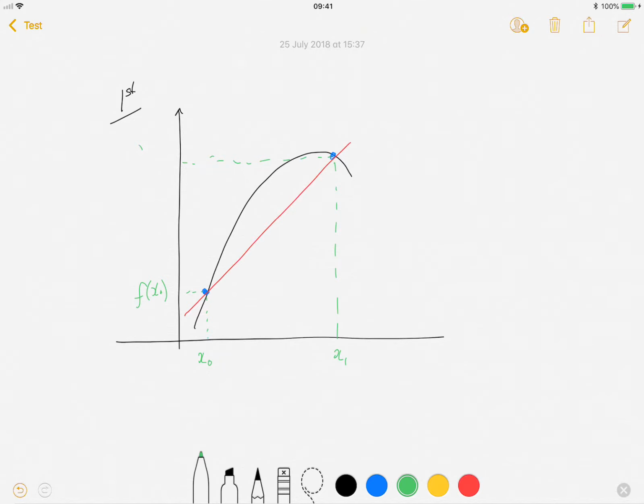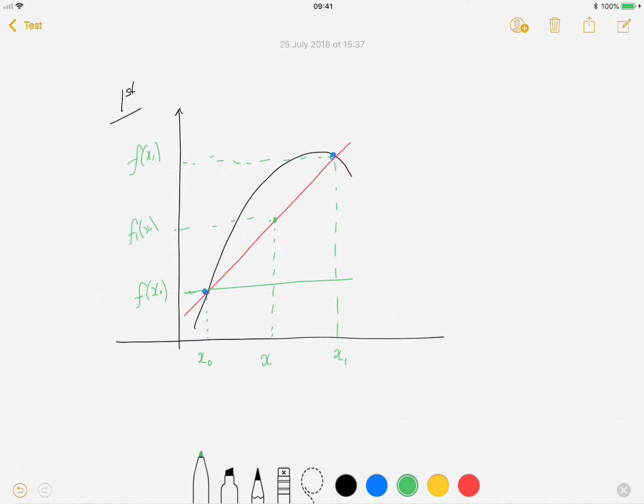And f(x1), and I'm going to call an intermediate point here, let's label it x, f1(x). So if we connect these two points, x1 and x0, we can use similar triangles to figure out a linear interpolation that explains our function.